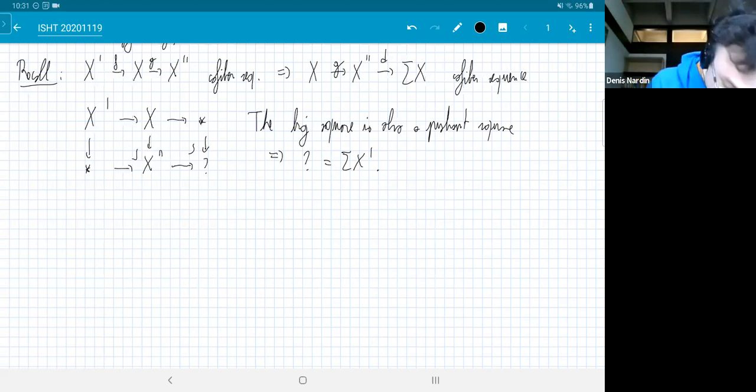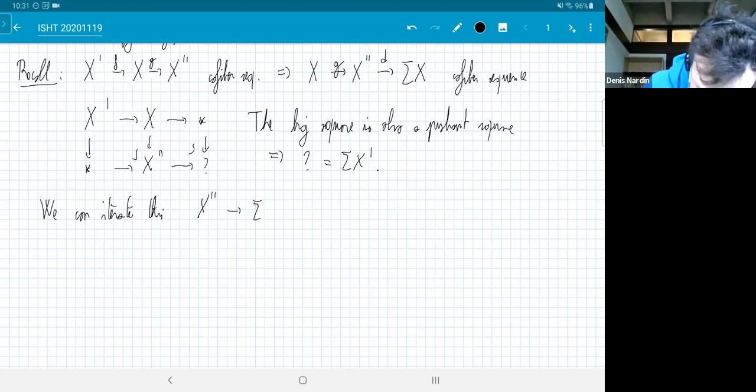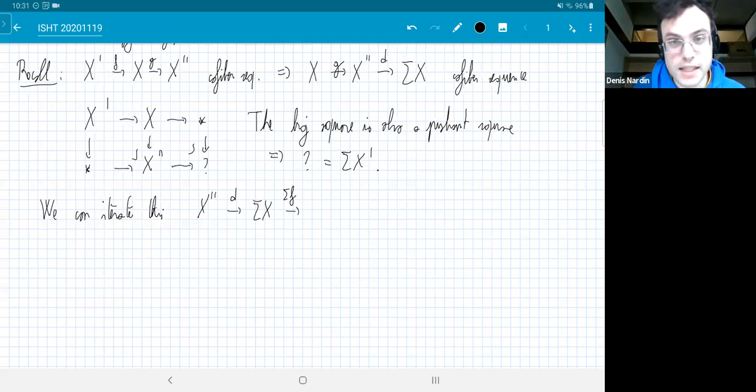And of course you can iterate this. And we get, for example, x double prime, sigma x, and here you see that what you get here is sigma f, possibly with a minus, depending on which conventions you work with, but I'm not going to pay a ton of attention to the signs for now.